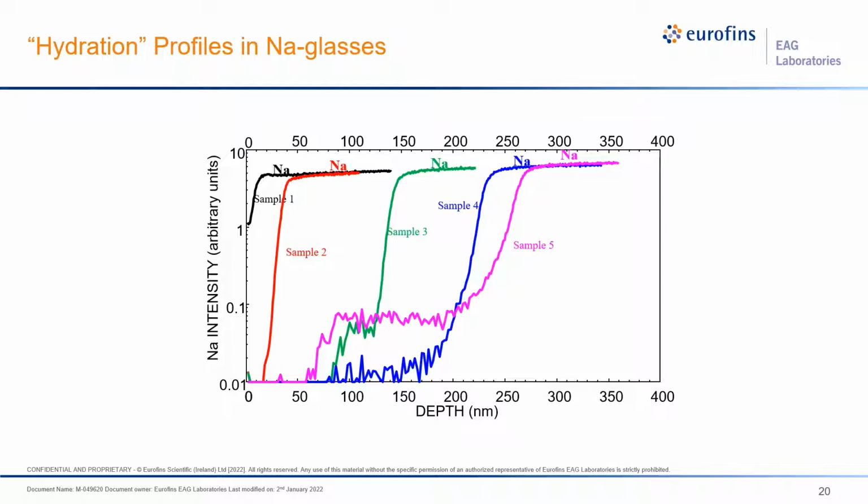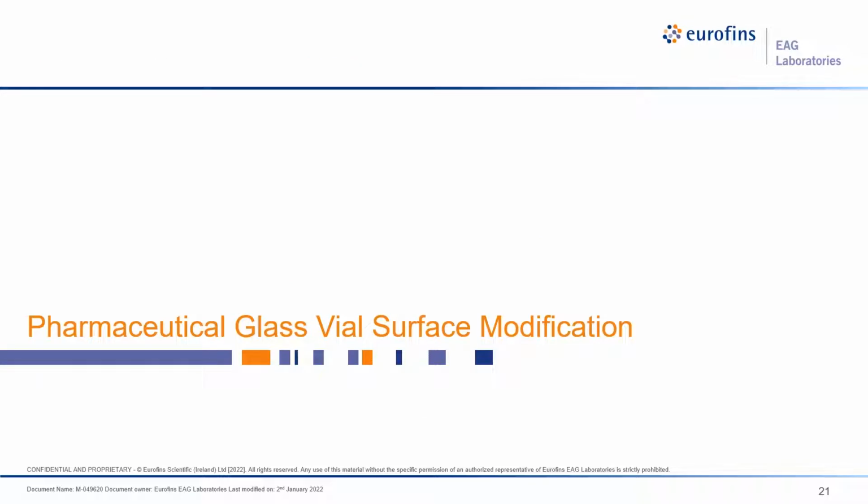This ability to measure the hydrogen and the leaching out of the elements at the surface became kind of important in pharmaceutical glass vial analyses. For many years now, delamination in glass containers storing the drug solution has been a problem.